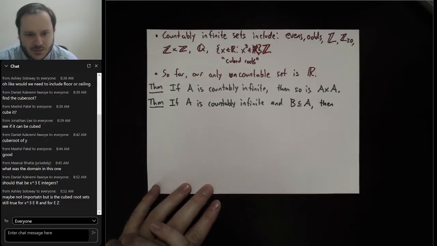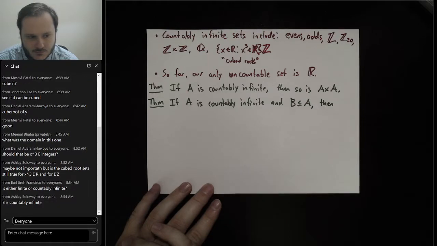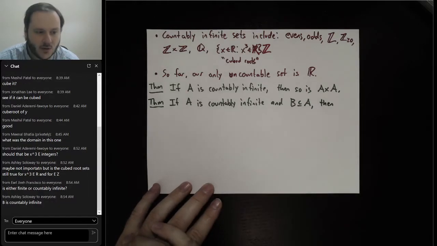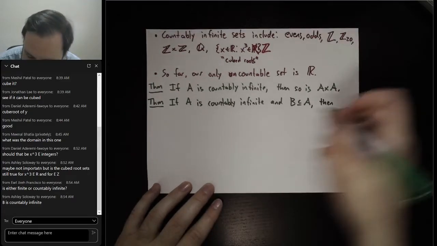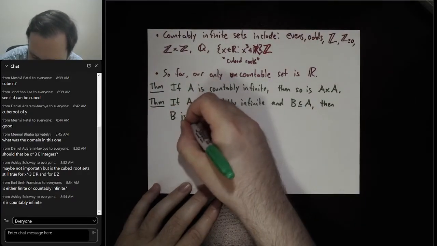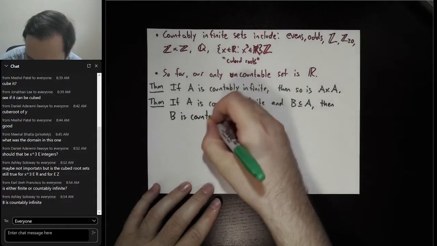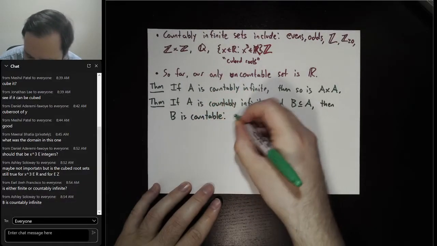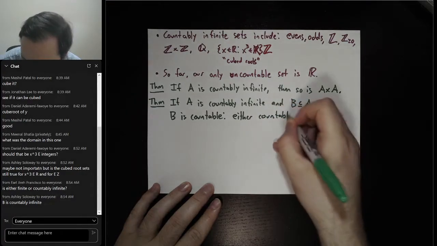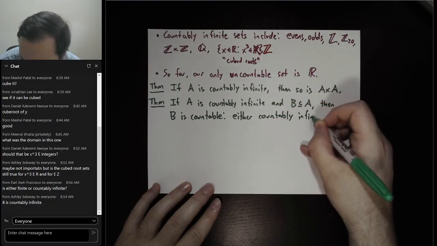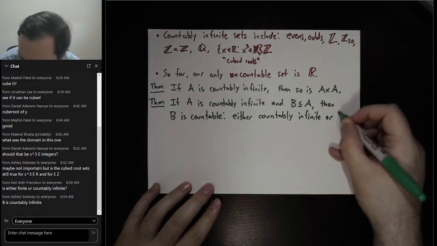It's either finite or countably infinite. So then B is countable. Either countably infinite or finite.